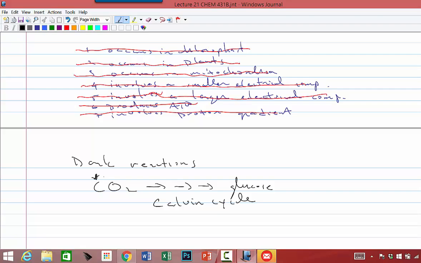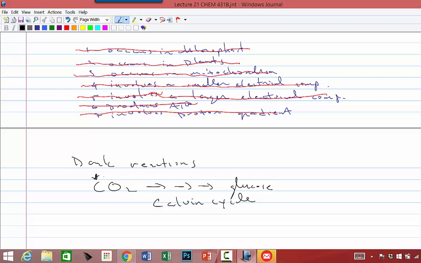That's also part of the Z scheme. And we talked about how ADP can be converted into ATP through the proton motive force, which is created across the membrane of the thylakoid. So I'm trying to put together all the different pieces that we've talked about over the last few days.